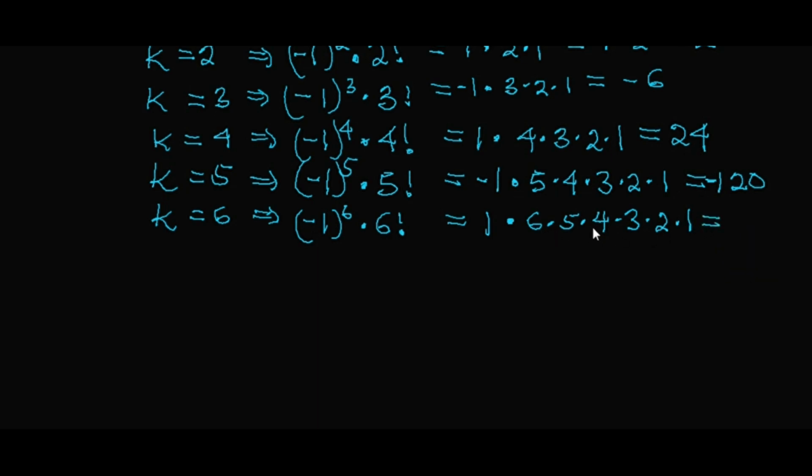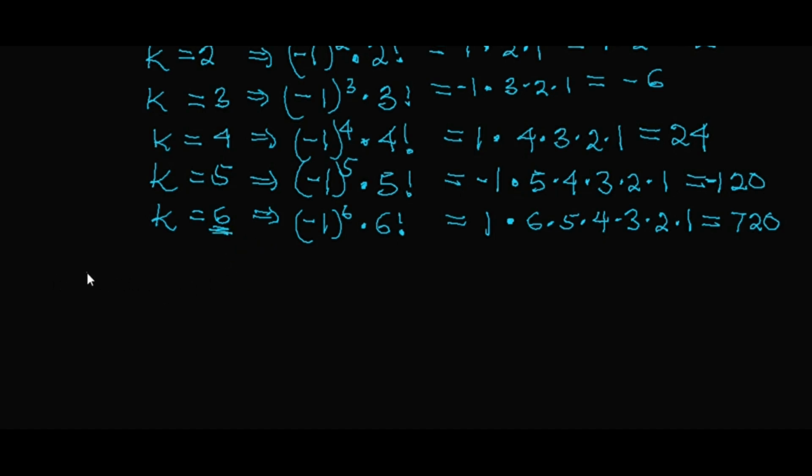So if we multiply all these, 6 times 5 is 30, 30 times 4 gives us 120, and 120 times 3 will give us 360. 360 times 2 gives us 720, times 1, and that also gives us 720. Right. So we have reached 6, so we stop there.